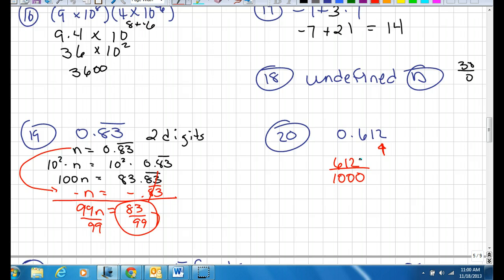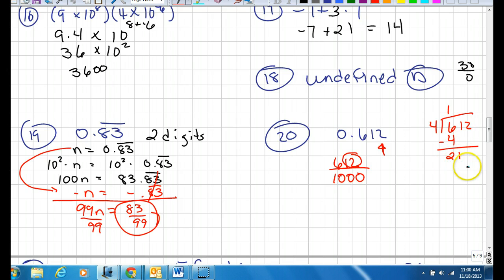And we need to reduce that number. Well, I know that 12, the last two digits, is divisible by 4, so I know that 4 goes into both of these. I'm going to use the number 4 and do my long division here in case this is the part of the test in which you can't use your calculator. 4 goes into 6 once. 6 minus 4 is 2.